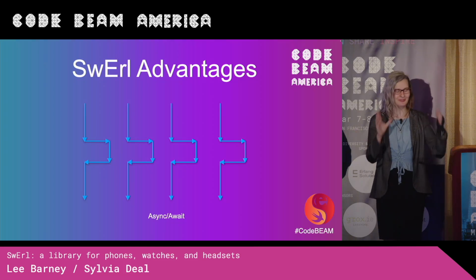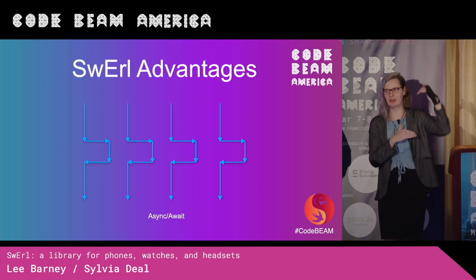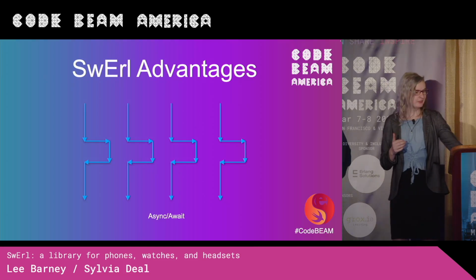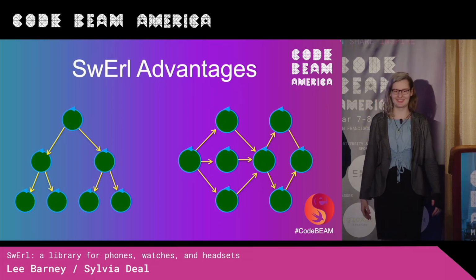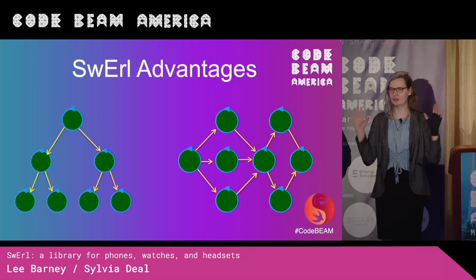It's great for very simple things, right? You have one thread that's going to live a long time and take a lot of actions and cede those actions to other threads. But when you have a more complex concurrency model, and you always have a more complex concurrency model, building even a simple tree-type concurrency model using async and await coroutine-type syntax is not easy to do.